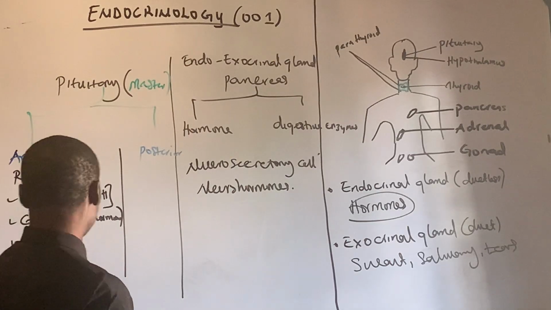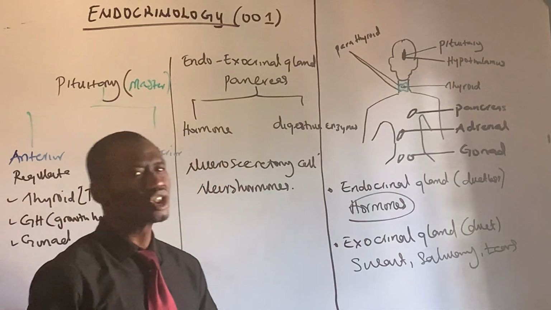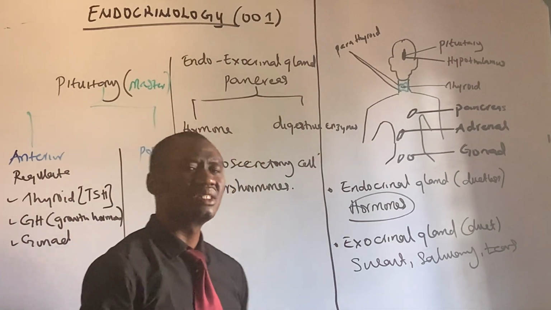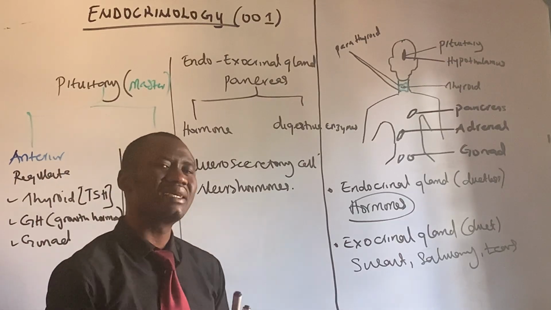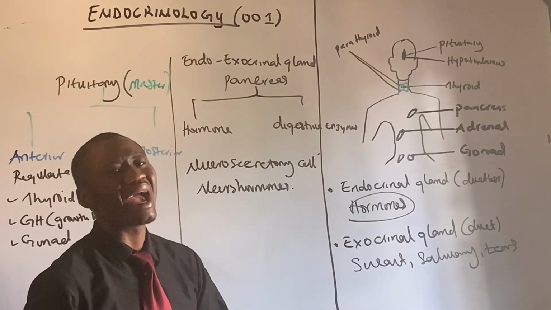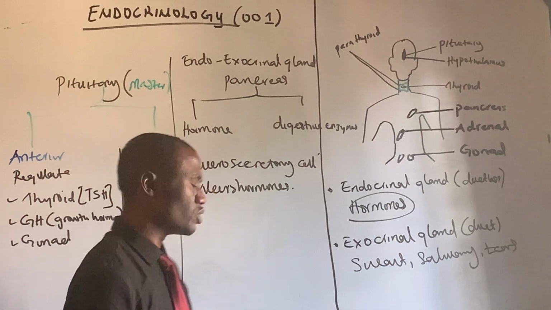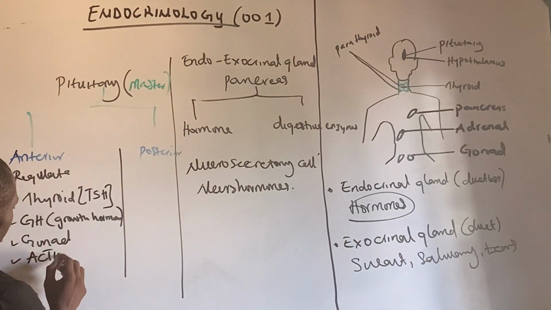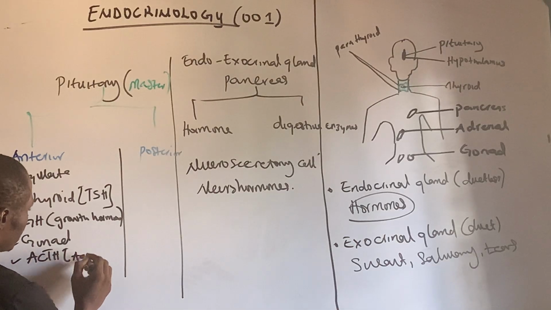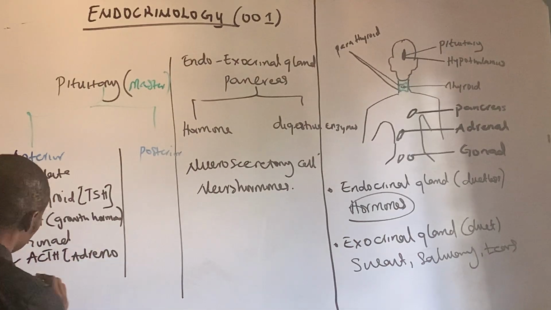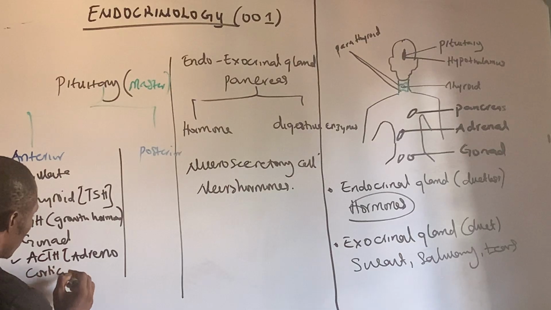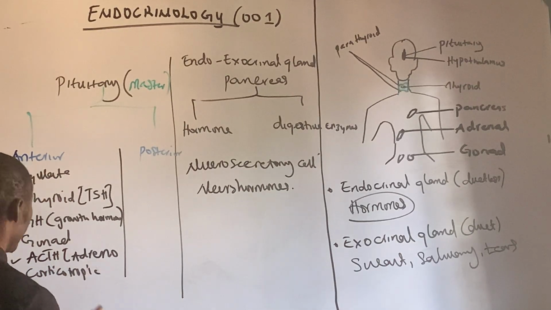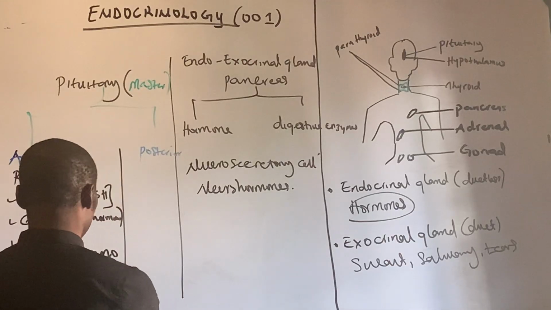All right. Now, apart from that, the pituitary gland also, with the help of the hypothalamus, secretes the hormone known as ACTH, which is the adrenocorticotropic hormone. So we have another one here, ACTH, which is known as the adrenocorticotropic hormone. Now, what's the function of this hormone?